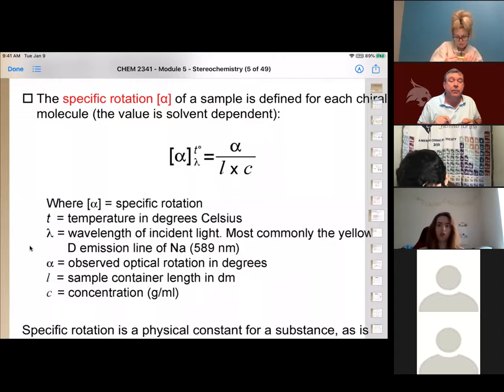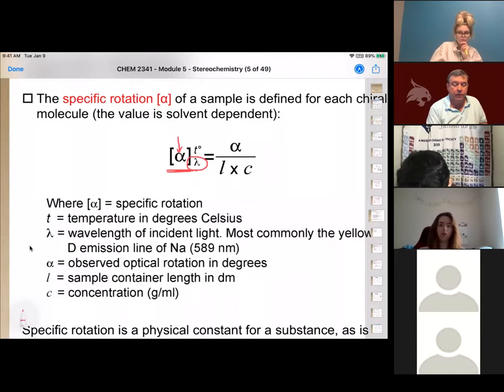So we take into account the temperature, and notice when we write this here, our specific rotation is in this bracket here. This would be just our observed rotation. But because we have it in a bracket and we're denoting our wavelength of light, most of the time it's what we call the sodium D line, and it's just a D. And we have the temperature here in degrees Celsius. So it's usually something like 20. You'll see 20 there. Okay.